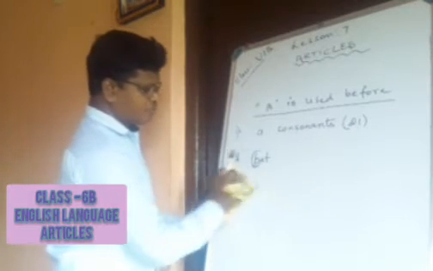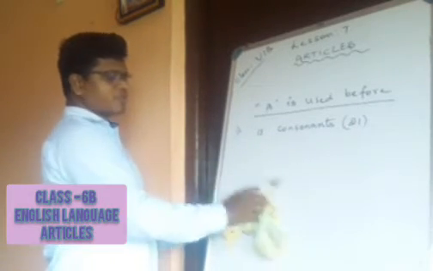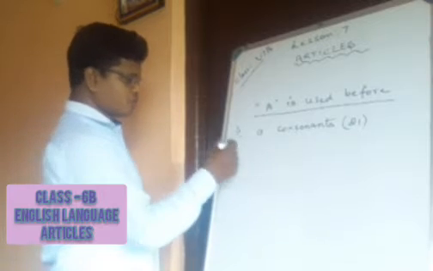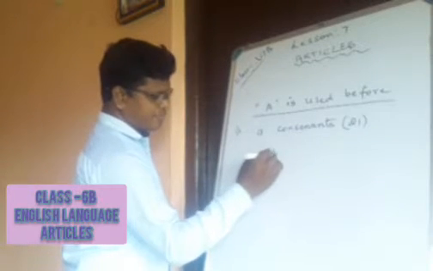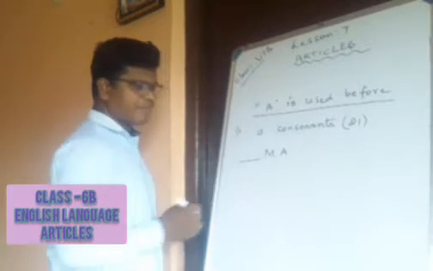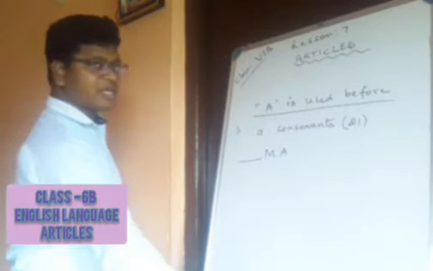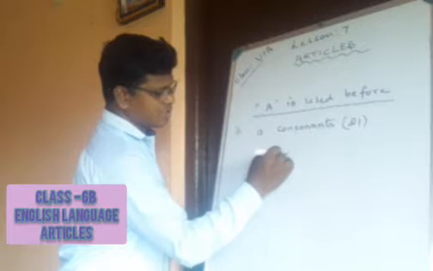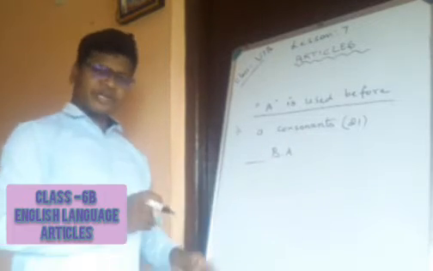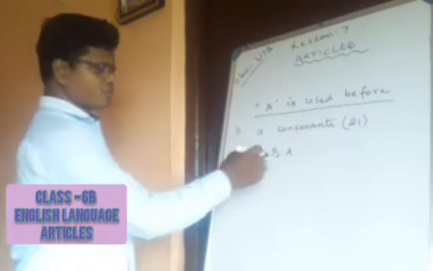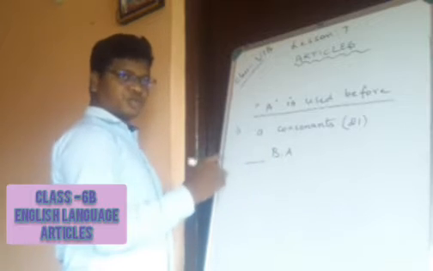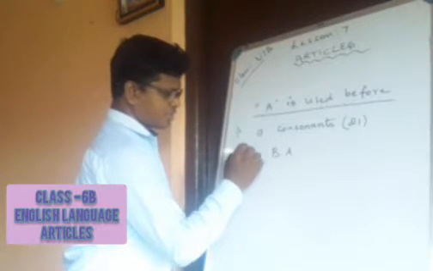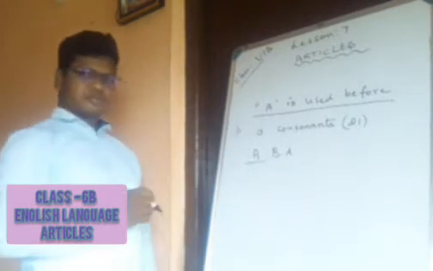I don't think you have any problem with this. Maybe with the short form also, just write BA. It's a short form. So before the word BA, also B, so we write a before it.